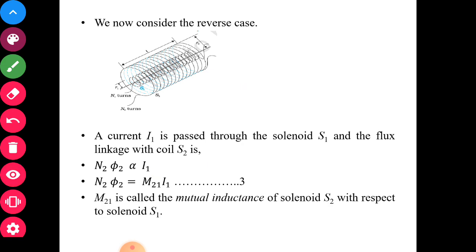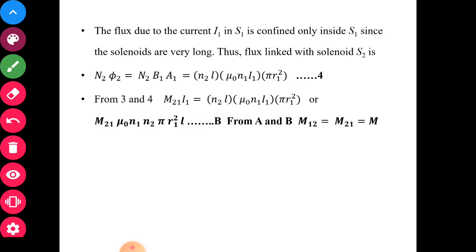We can cancel the value of I1 easily. If both are compared, this I1 goes off, and M21 is equal to mu 0 N1 N2 pi R1 square L, which is our second equation, or B equation.